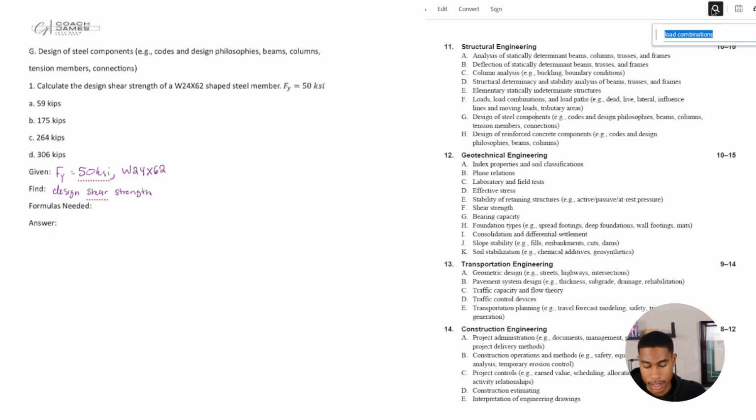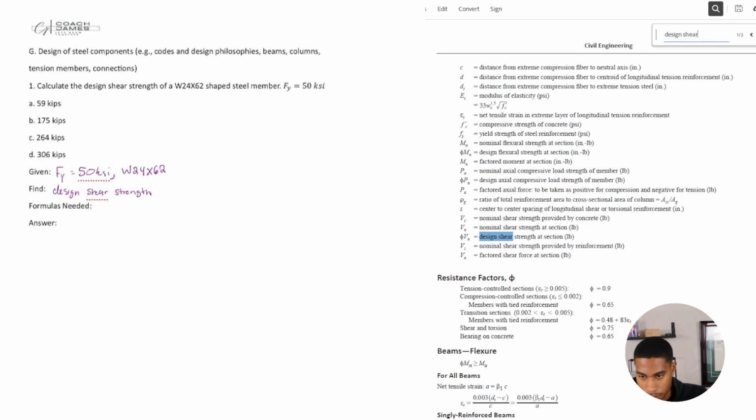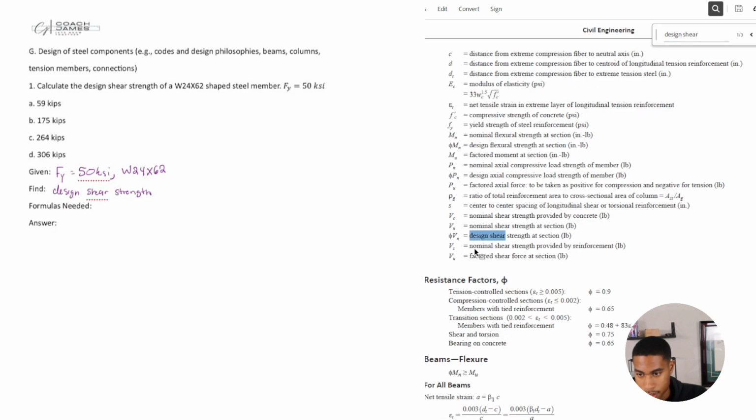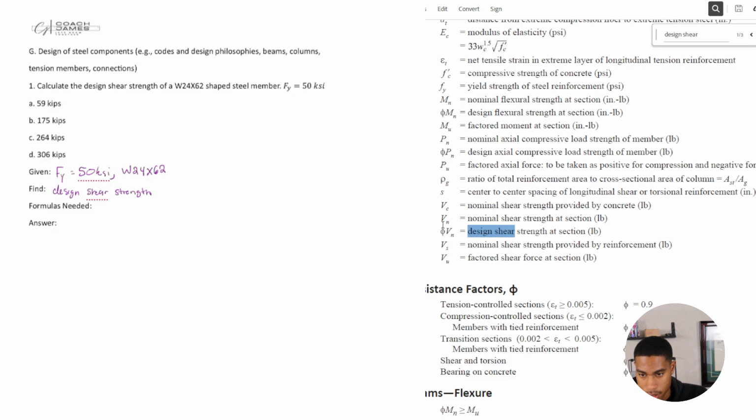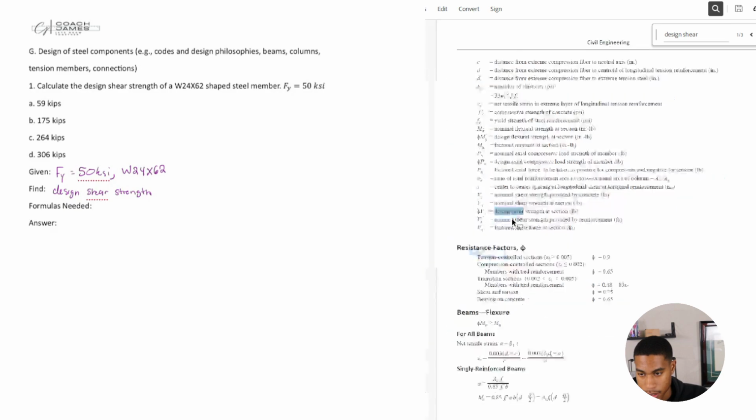I think the best thing to do is always to search what you're trying to find. So, design shear. All right, the design shear strength of a section is the symbol phi sub Vn.